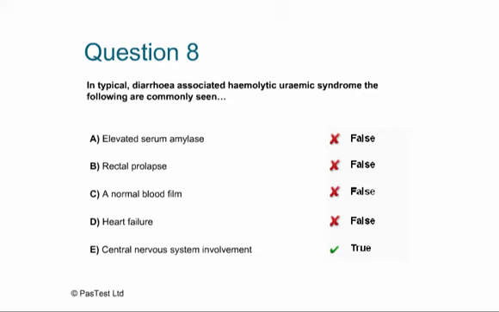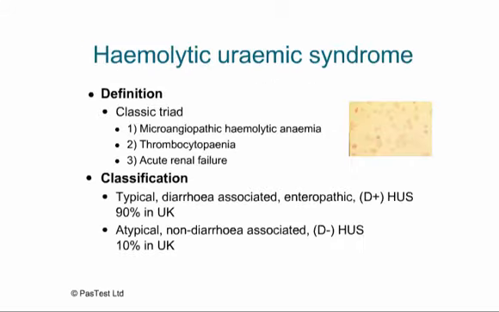So let's talk a bit more about hemolytic uremic syndrome. HUS is defined as the classic triad of a microangiopathic hemolytic anemia in combination with thrombocytopenia and acute renal failure. It's important to remember in the classification that there are two types of HUS.